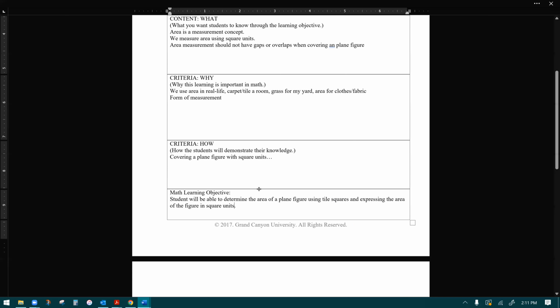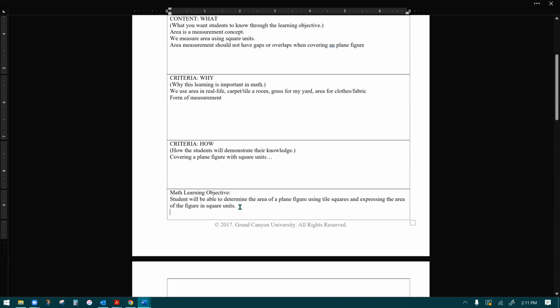So in other words, if I give students a plane figure, such as a rectangle, they would put the square tiles over it, and then they would say how many there are with no gaps or overlaps, and then they might say it is 15 square units. So I want to make sure that they're both determining the area and then expressing it correctly.